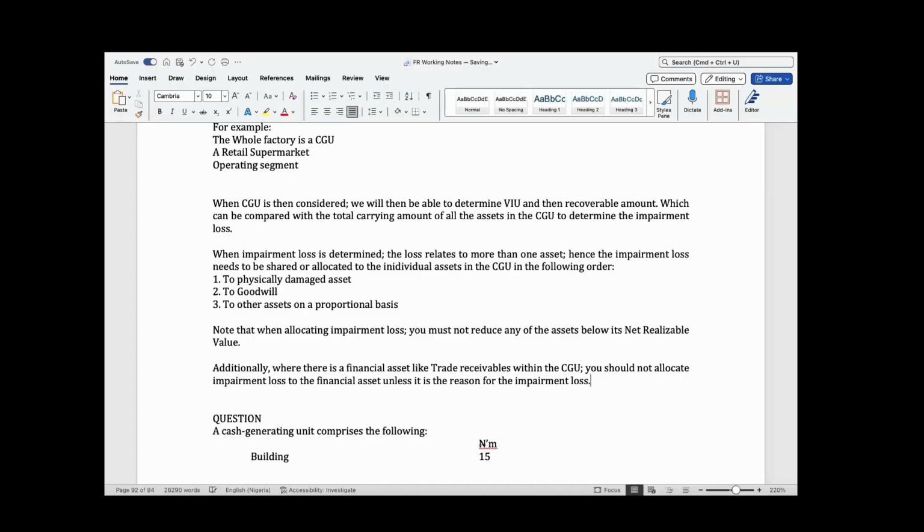Except if you can know that the reason why this business has been impaired is because of this trade receivable.